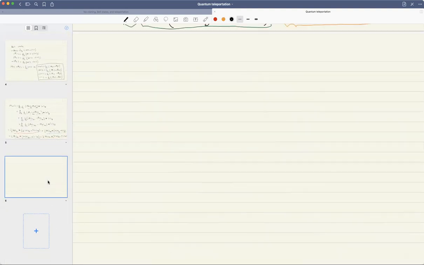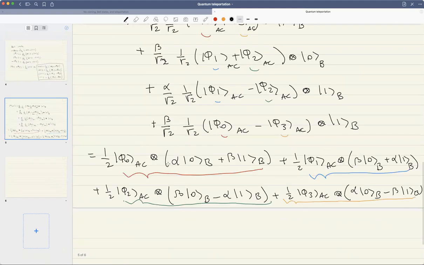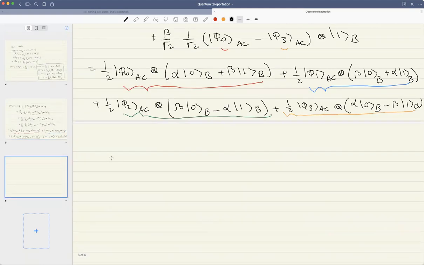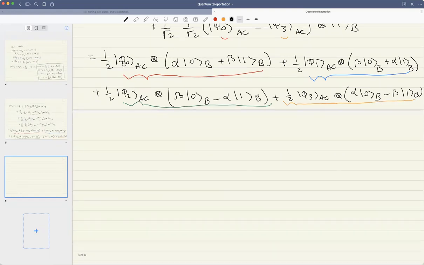So now what Alice does is she performs this measurement in the Bell basis. So she's going to find either some result that corresponds to phi 0, or some result that corresponds to phi 1, or phi 2, or phi 3.